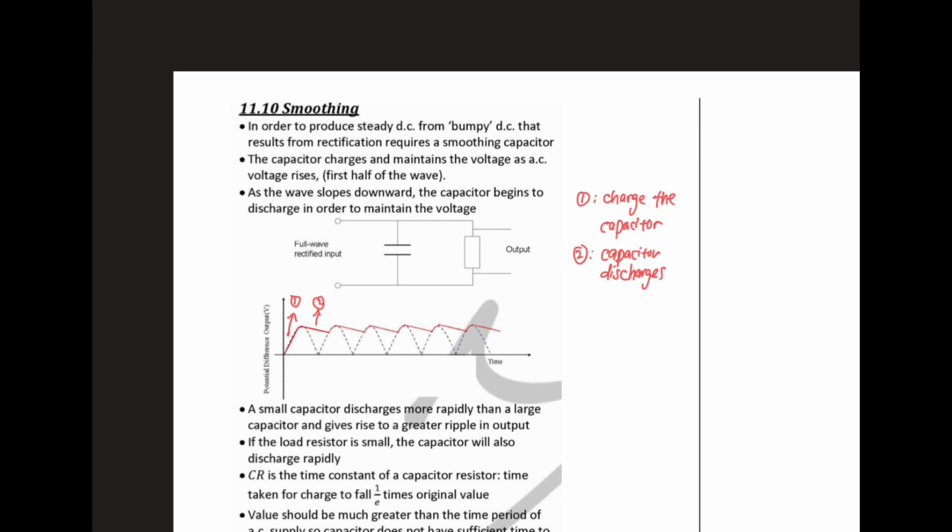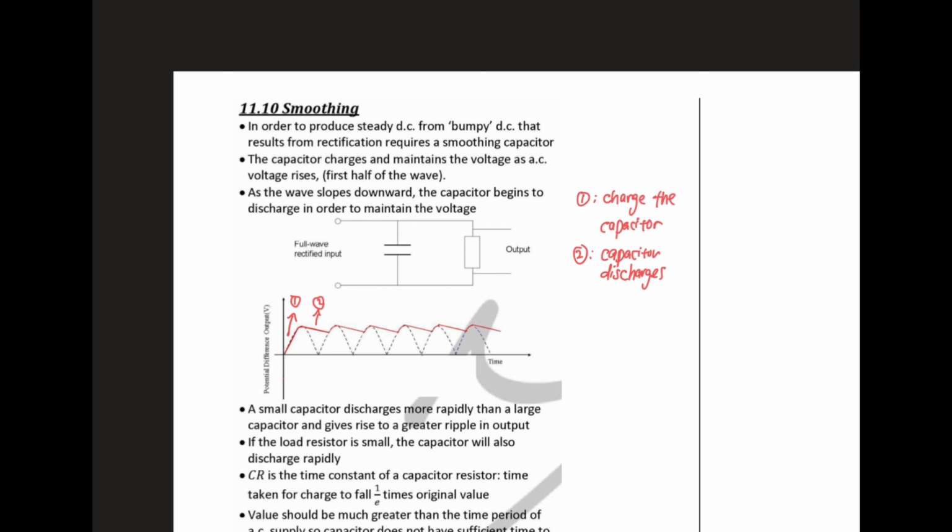Okay, so the thing is, capacitors have different kinds of capacitance. So should we use a small capacitor with small capacitance, or should we use a large capacitor with large capacitance? So we need to understand that also.